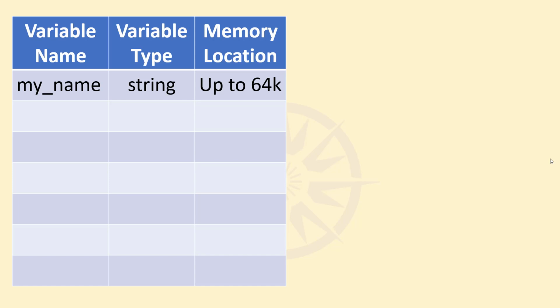There are ways of improving on that, by the way. Now, the figures I'm giving for the sizes here are not fixed. They depend on the programming language and what it is you're trying to do, but it gives you a flavor for what's going on. So let's get into the different types of variables.